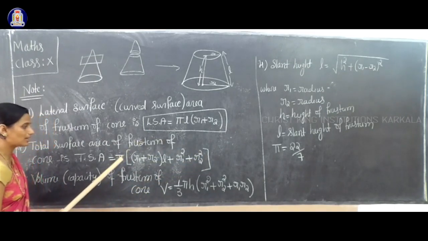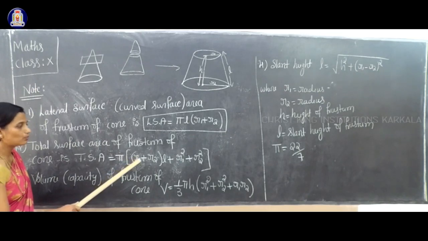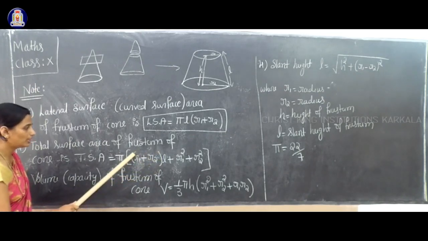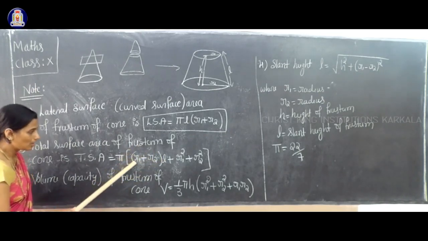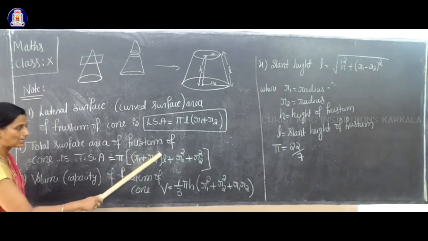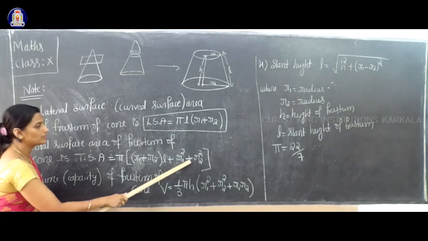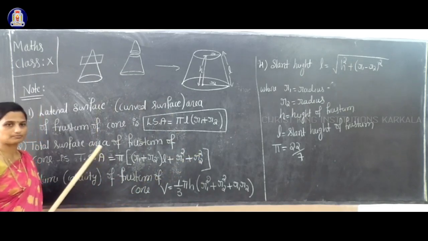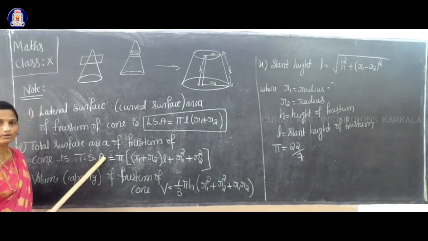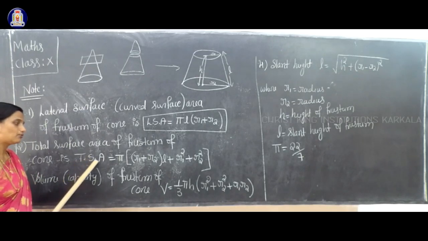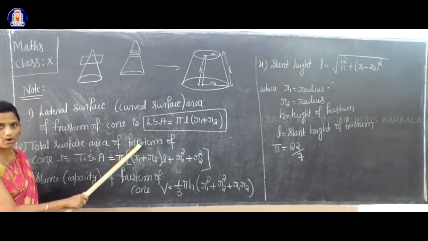So pi bracket R1 plus R2 bracket into L plus R1 square plus R2 square. This is the formula to find the total surface area of frustum of cone.